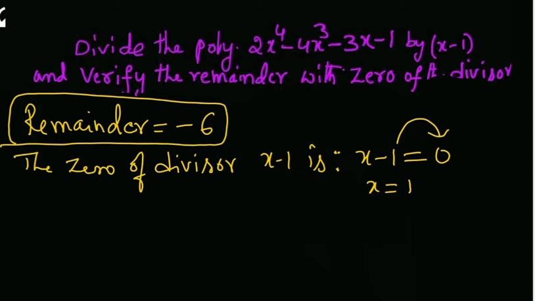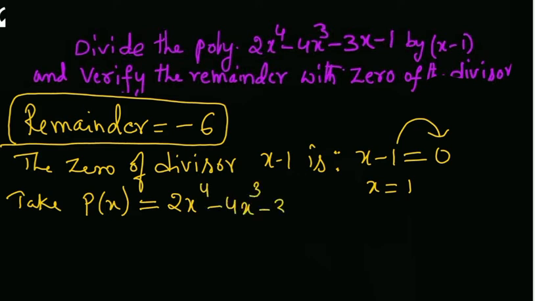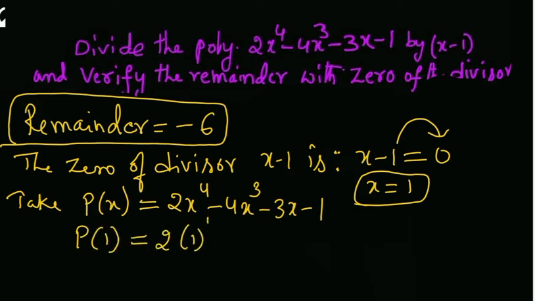Now we have to take the polynomial p of x. So p of x is equal to the given 2x power 4 minus 4x cube minus 3x minus 1. Now you have to substitute this zero. That means we have to calculate p of 1 here. P of 1 is equal to 2 into 1 power 4 minus 4 into 1 cube minus 3 into 1 minus 1.